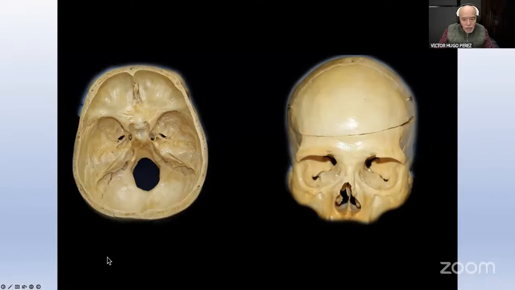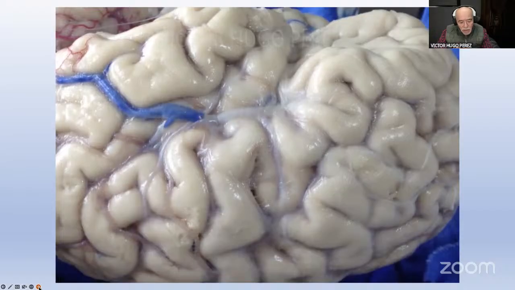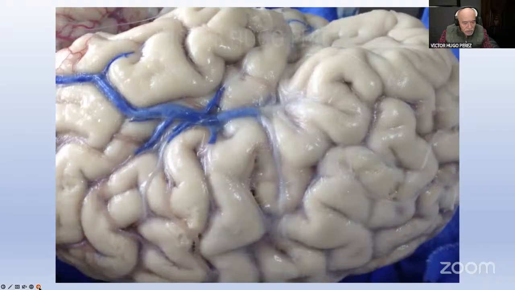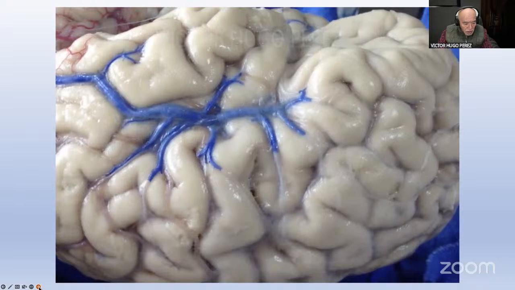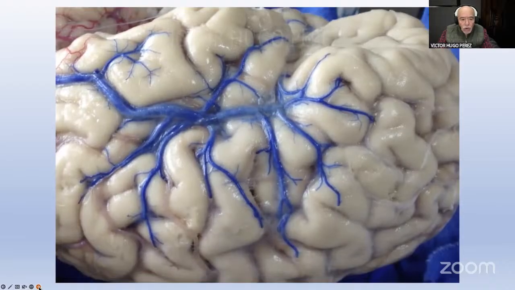So neuroanatomy is very important to understand surgical procedures. Also the vascularity of the brain is very, very important. I had the opportunity to do a research fellowship in Detroit, Michigan, about 25 years ago. So in those times, I was doing this kind of work.